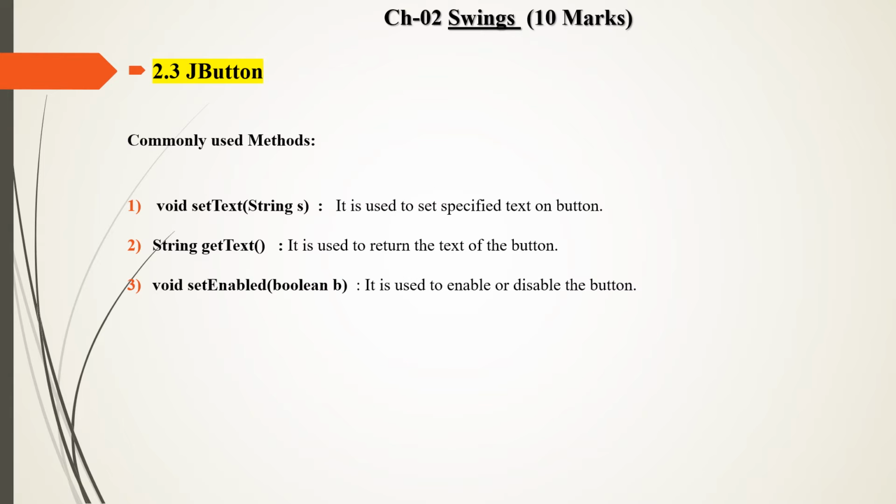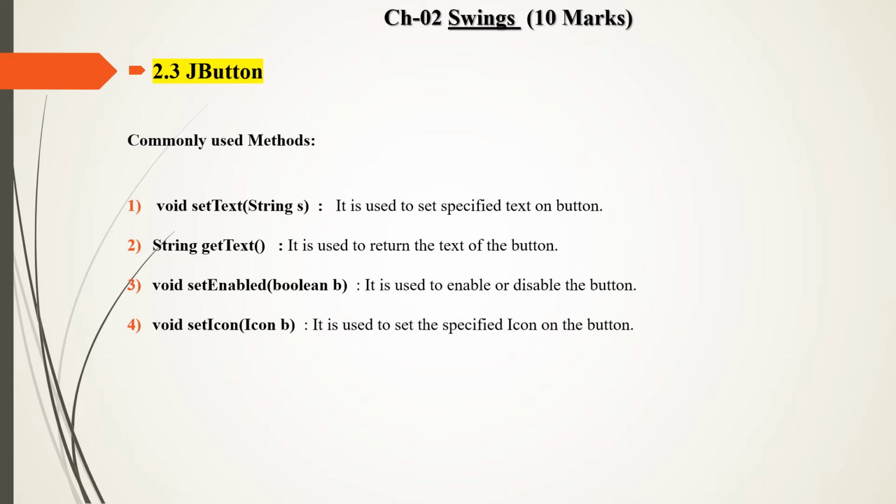The third method, setEnabled, has one parameter. The parameter type is boolean, so either you pass true or false. This method does not return any value, so its return type is void. This method is used to enable or disable the button. If you pass true, then the button is enabled, and if you pass false, then the button is disabled.